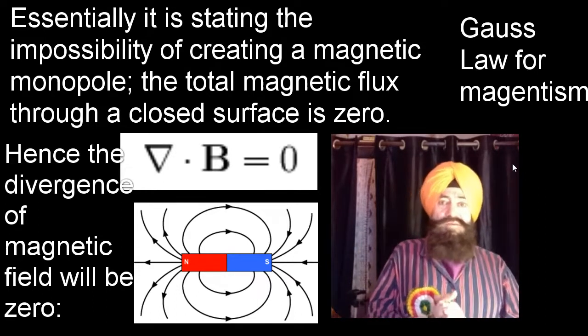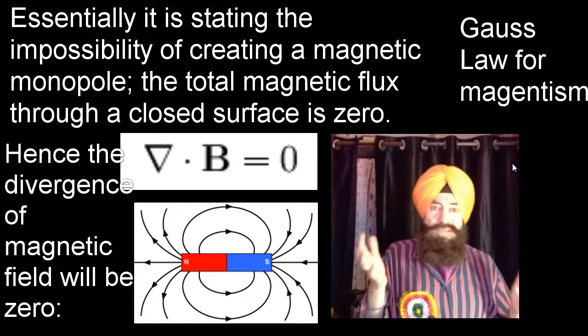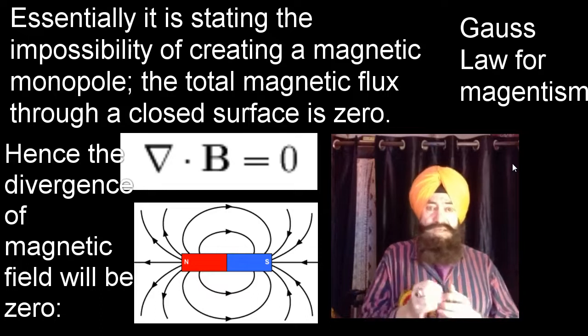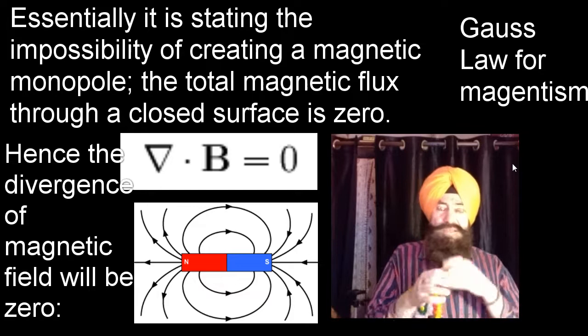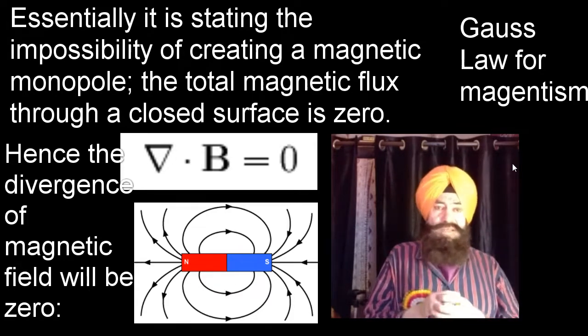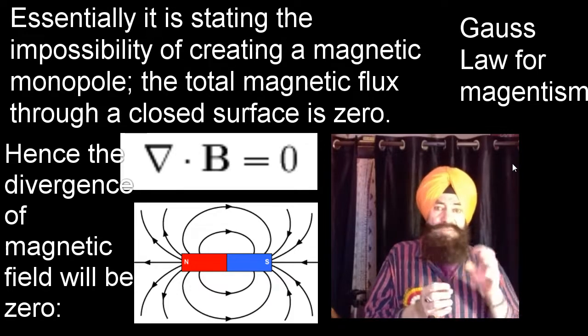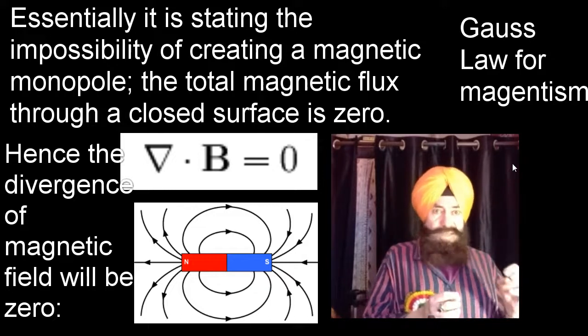Now I'm coming to the third law, Maxwell's third law, very, very important, Faraday's law. Faraday's law tells us about the curl of the electric field. The electric field is generated, the induced current, induced EMF is generated when the magnetic field changes with time, when the magnetic flux changes with time.